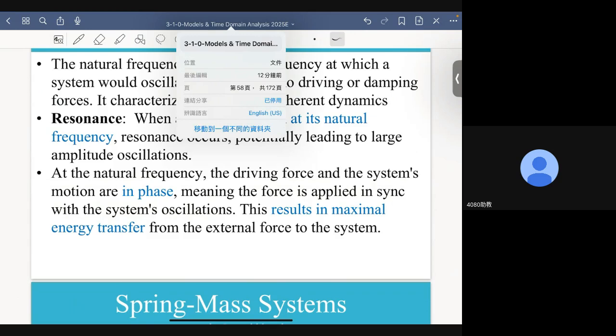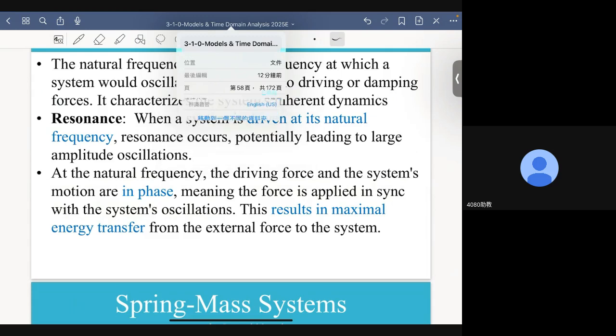When they are in phase in the same direction, the motion of the mass will be enhanced. By contrast, if the mass is moving in the opposite direction to the input force, that is, they are moving out of phase, then the force will attenuate the motion of the mass.